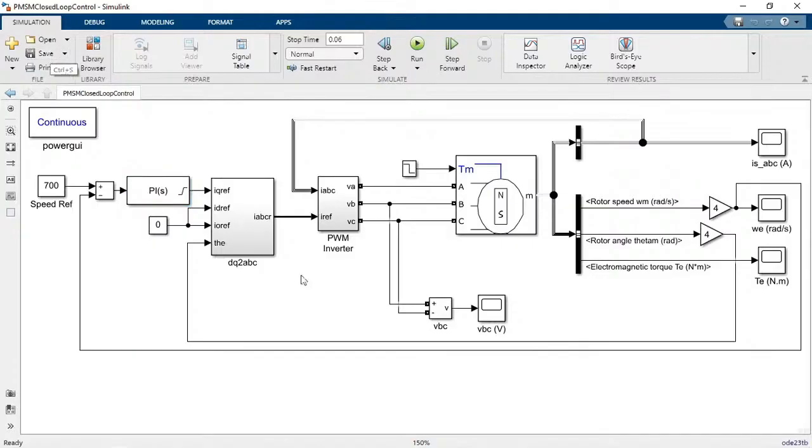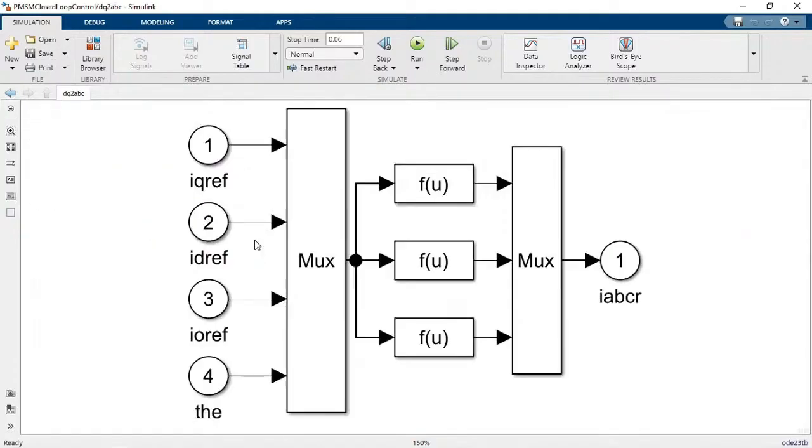See here, these 4 signals have been taken, and this is the DQ to ABC converter. These are all MATLAB functions.